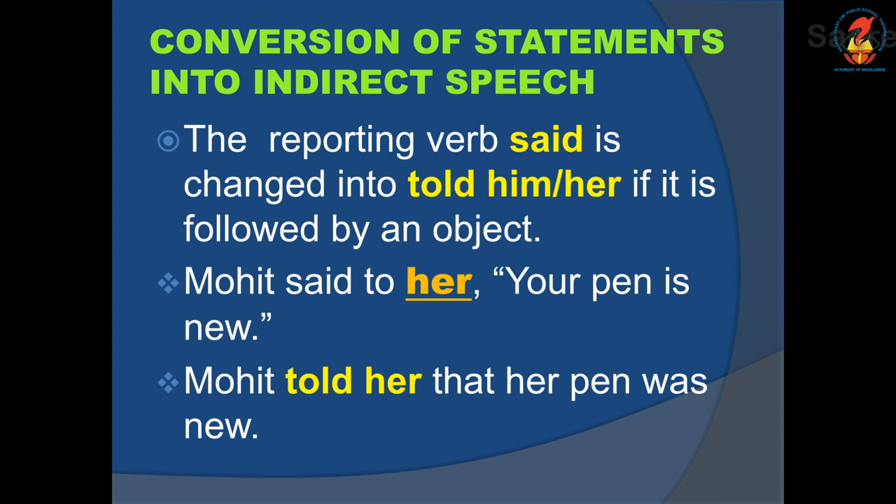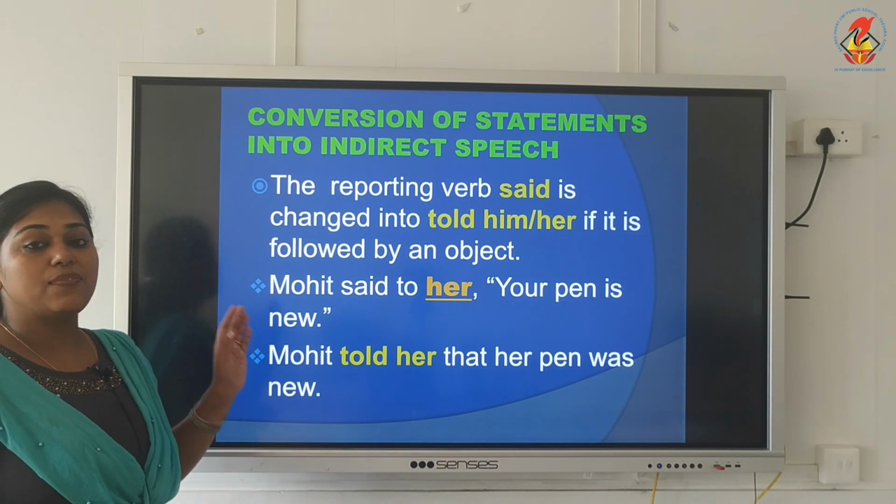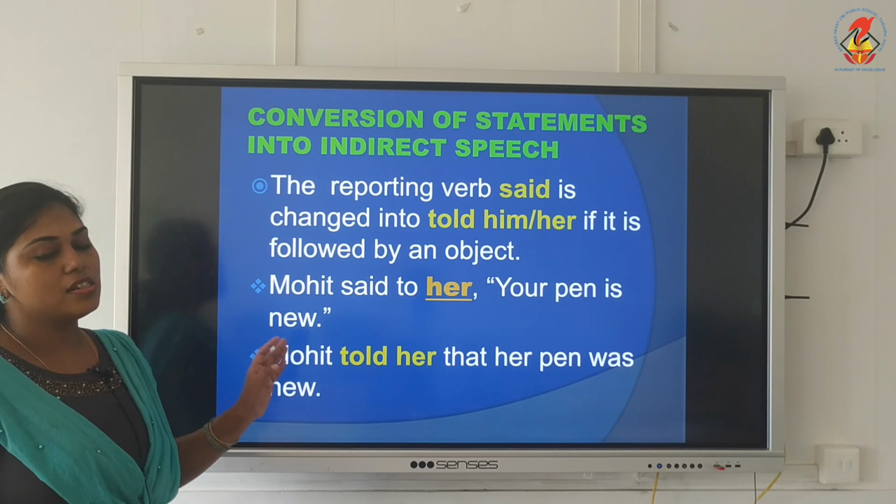Here the possessive adjective your pen has been changed into her pen, okay? That her pen has been changed into was new, okay? So you have to change the reporting verb if there is an object after the reporting verb.